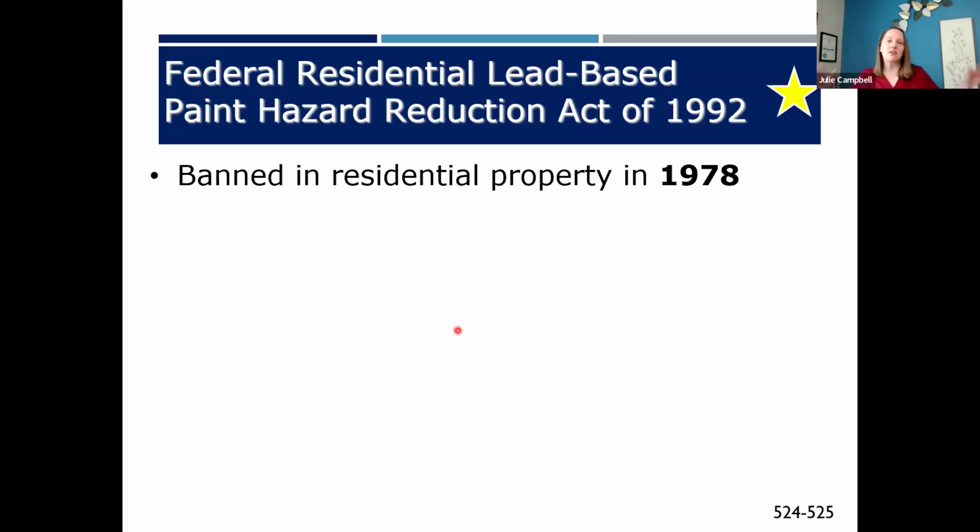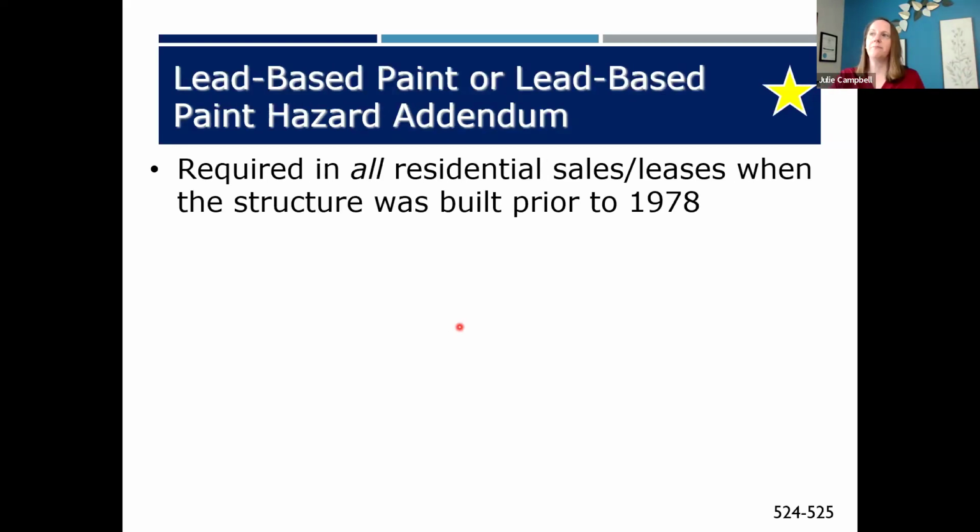I'm telling you, because of the year it was built, it may have lead. And I can help my buyers and tenants possibly test for lead, and educate them on lead by providing that booklet, getting them more information so they can make that informed decision. We have a form, the lead-based paint or lead-based paint hazard addendum, that we need to attach to our sales contracts and our leases whenever we're dealing with a property that was built prior to 1978.